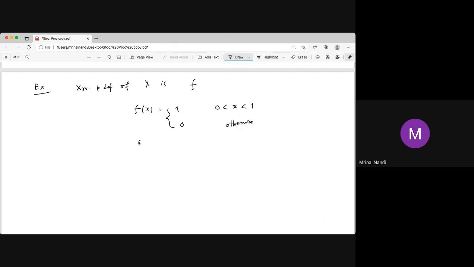So we just write f(x) in indicator form, as the indicator function of (0, 1). Now take g(x) as e to the power x, the exponential function. So y is e to the power x. Now what is x? It is strictly monotonically increasing, so g is a strictly monotonically increasing function. So x is just log of y.